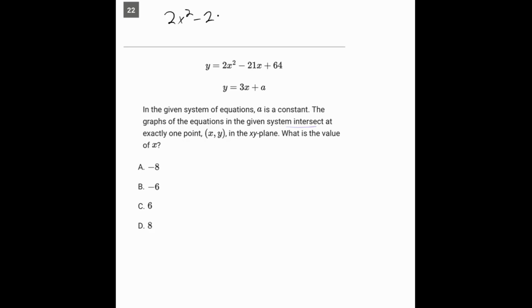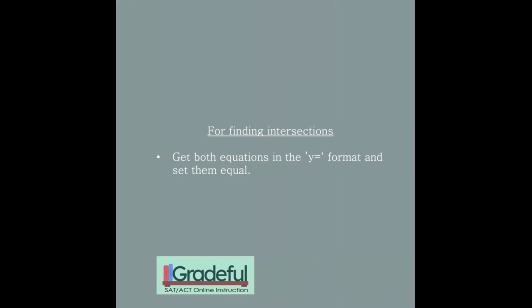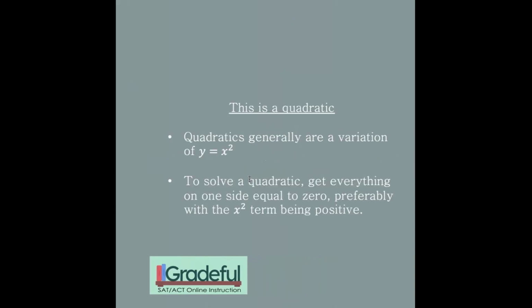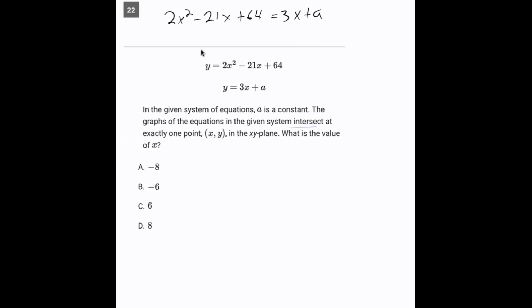2x squared minus 21x plus 64 equals 3x plus a. Now here we have a quadratic situation, and the instinct needs to be to get everything on one side equal to 0, preferably with the x squared term being positive. So for us, that means taking away 3x and taking away a from both sides.